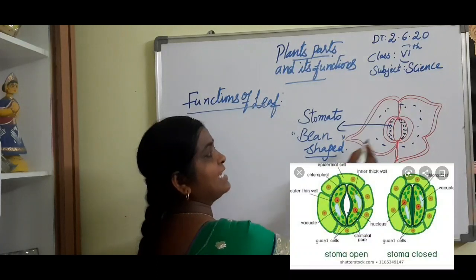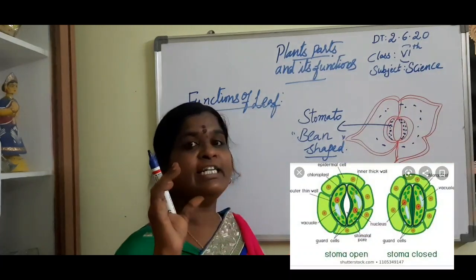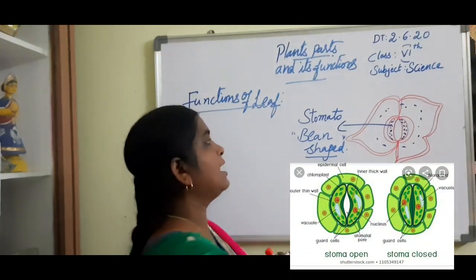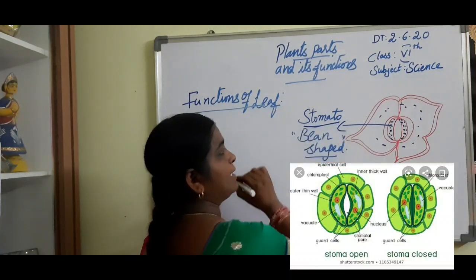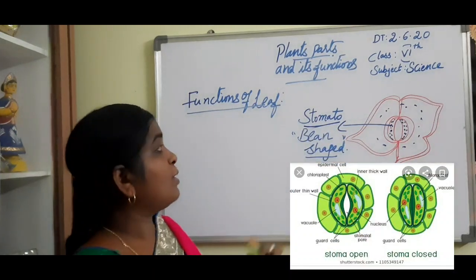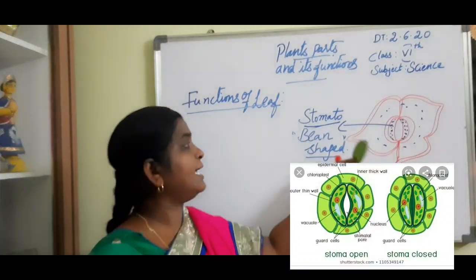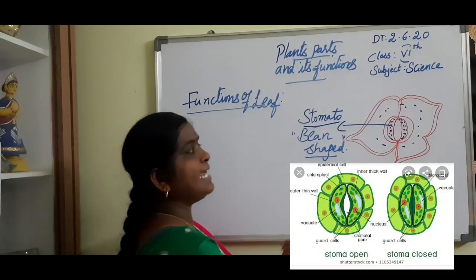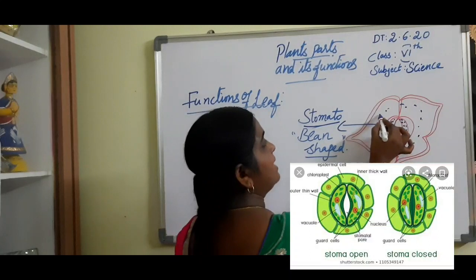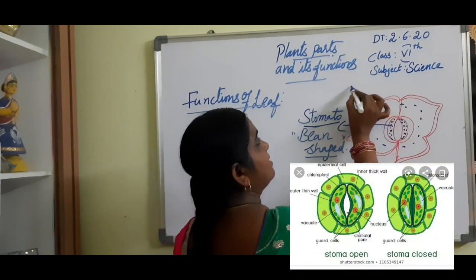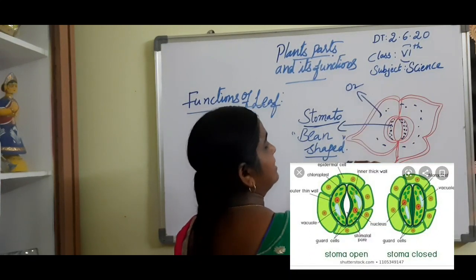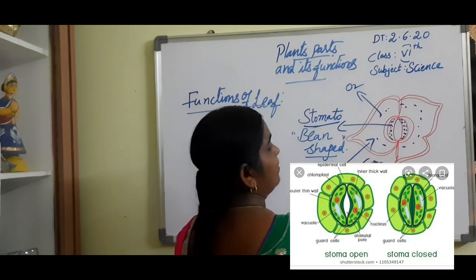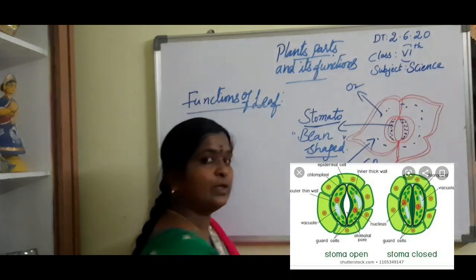Exchange of gases takes place through very tiny pores called what? Tell me? Stomata. Stomata act as a respiratory organ of the leaves. So here the exchange of gases takes place. That means it releases oxygen and it takes what? Tell me? Carbon dioxide.